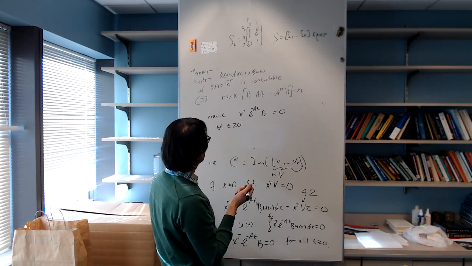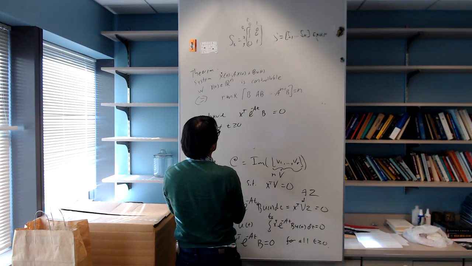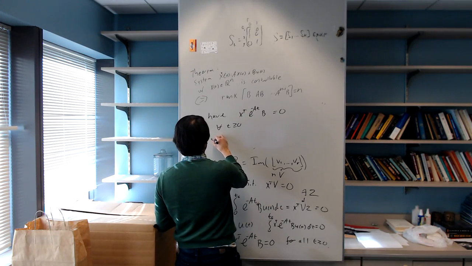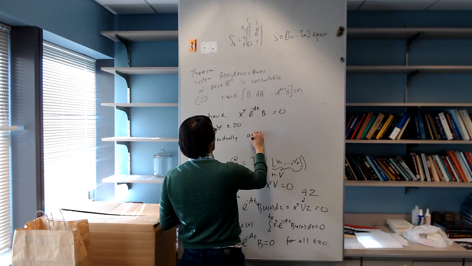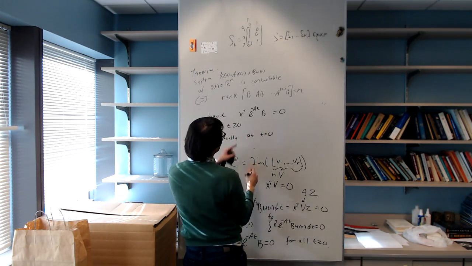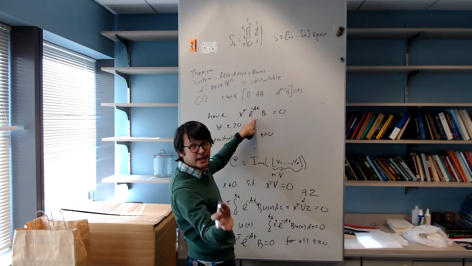In particular, what we're going to show is that all of these guys have to be 0. So specifically, at t equals 0, what is this thing going to be? That's right, the identity.